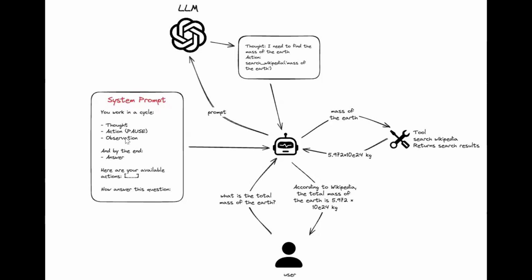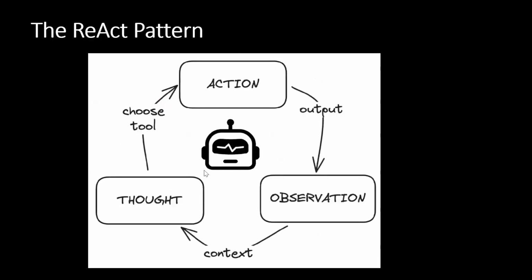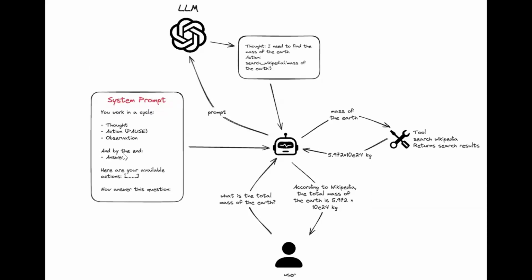We are giving instructions to the LLM saying that you work in a loop where you need to think, you need to take action, you need to pause, and there is an observation also. The cycle we have just shown, we are explaining this to the LLM, and then by the end, you have to give the final answer. Here are your total available actions. Actions are basically whatever you want to do, those are called actions.